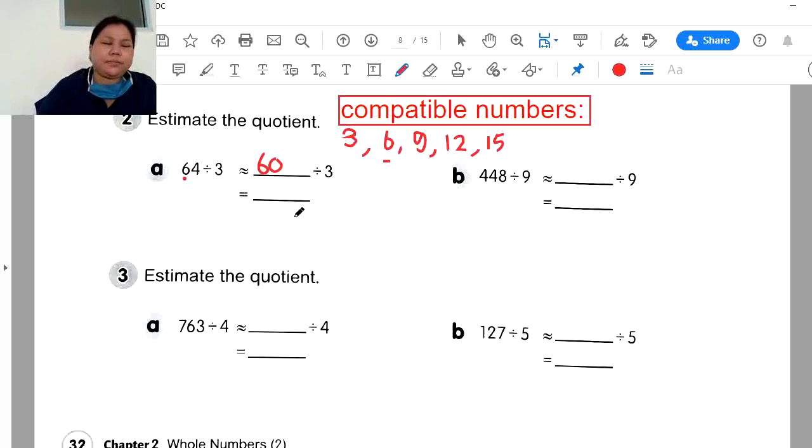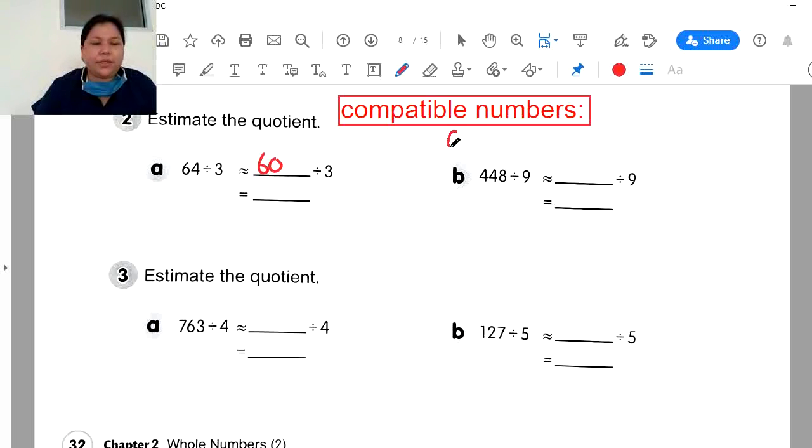How about B? What are the compatible numbers of 9? Look at the dividend. Let's make the multiplication of 9 first, so we will know the compatible numbers. But if you have already memorized the multiplication of 9, it will be so much easier.